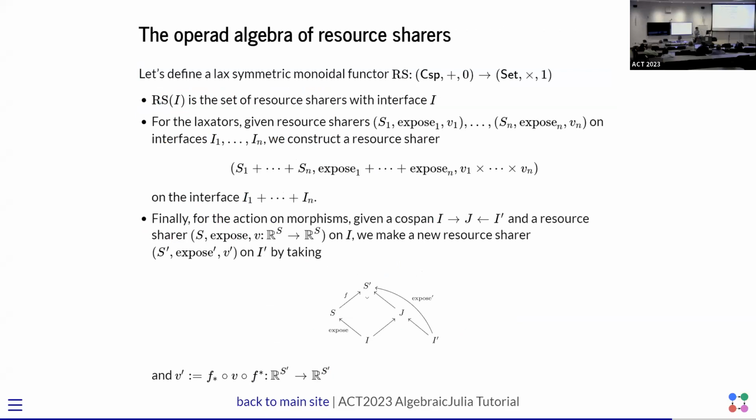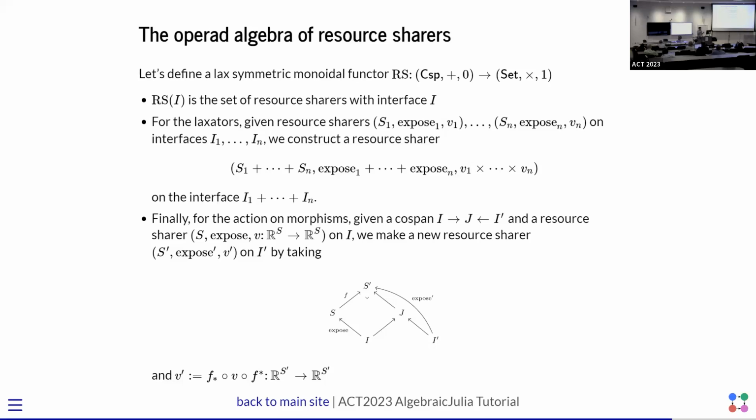Okay, so the first thing we need to say is, what does this thing do on objects? Given a finite set, which we're now thinking of as the interface for the resource sharer, we're going to send that finite set to the set of all resource sharers with that interface.